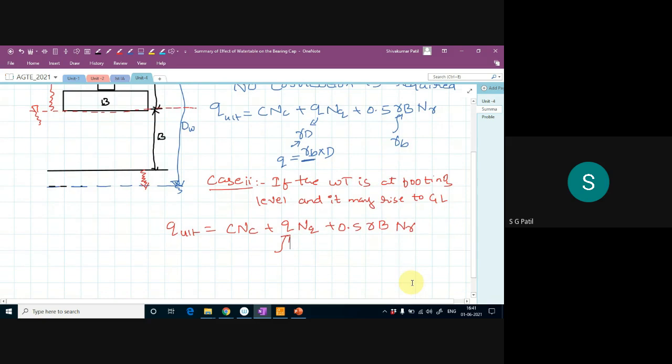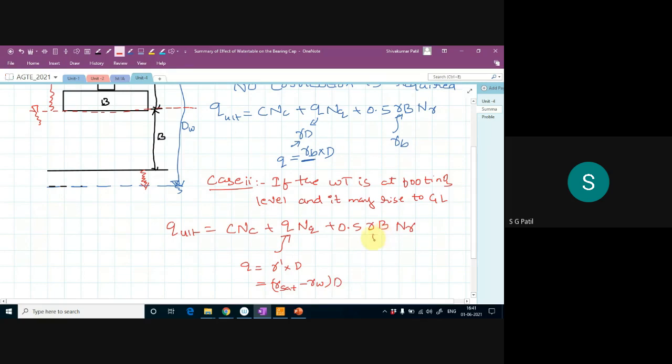Your Q can be calculated as gamma dash into your depth of footing. What is gamma dash? Gamma dash is nothing but gamma saturated minus the unit weight of water, into D, which gives this term.